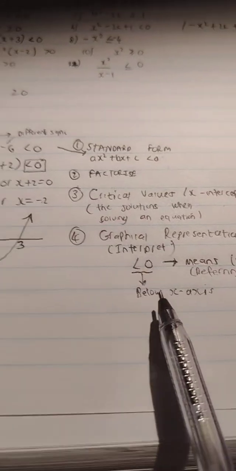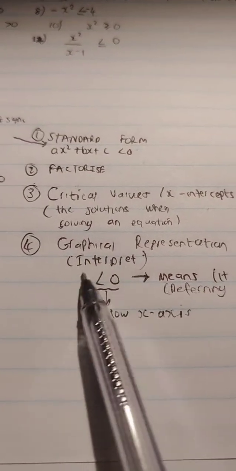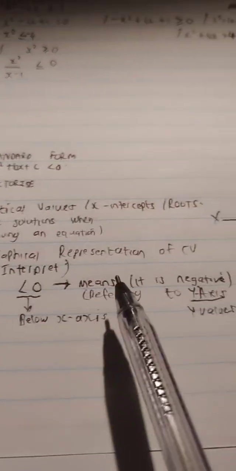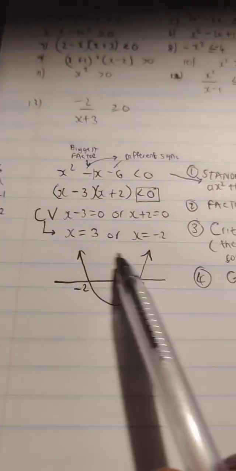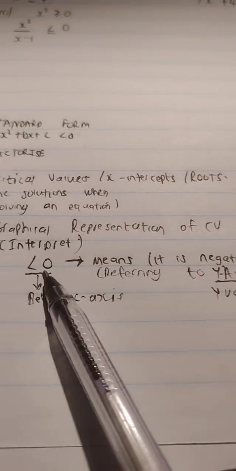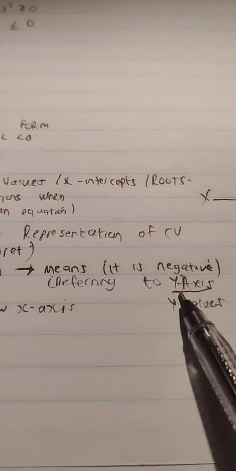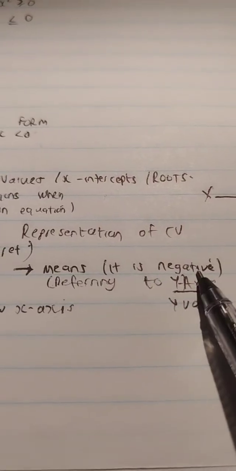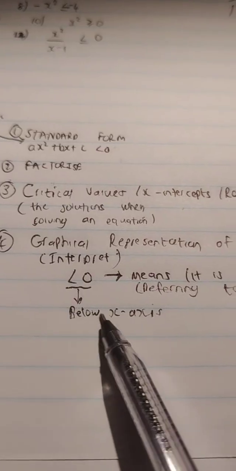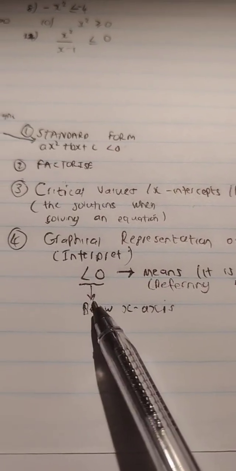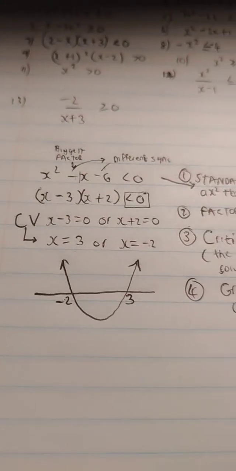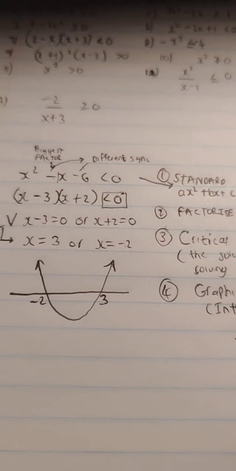So if we go back now and interpret directly what less than 0 means for this particular graph, we said less than 0 means where y is negative. Where is y negative? Y is negative below the x-axis. So on our graph, where is below the x-axis?